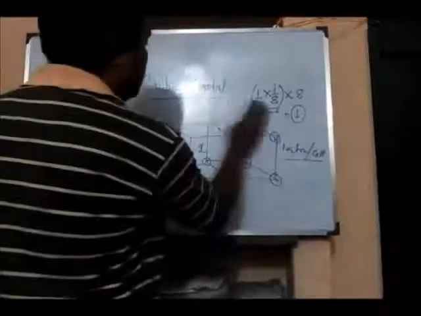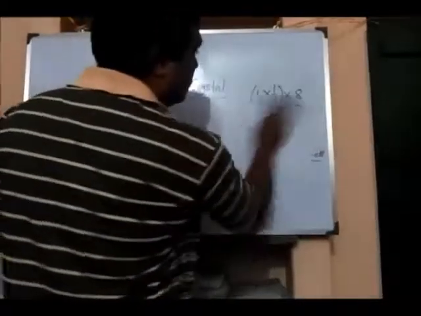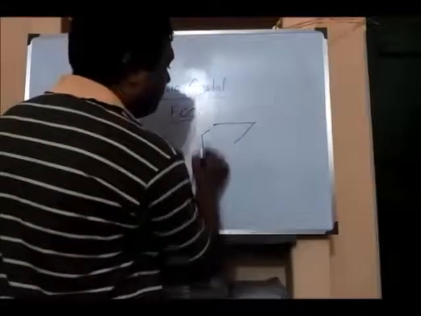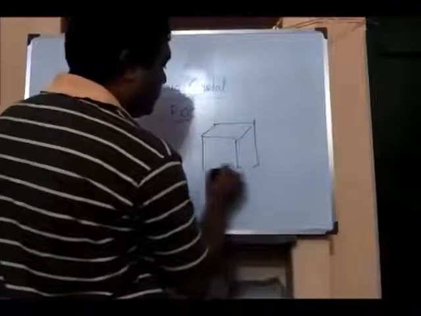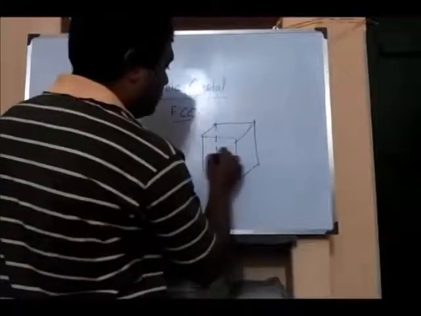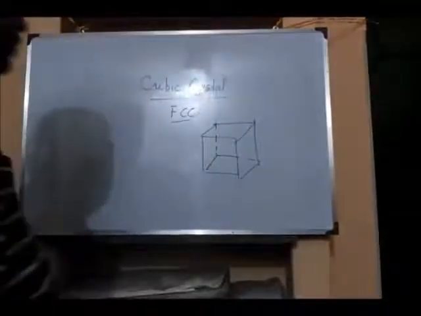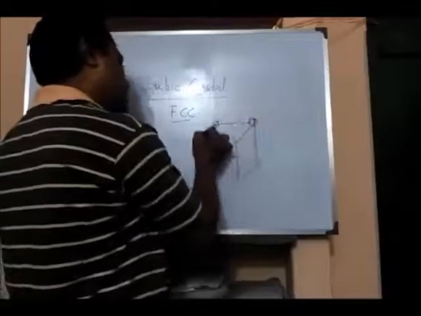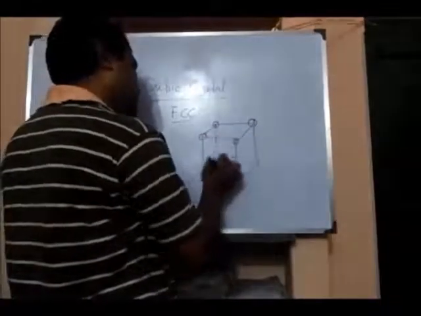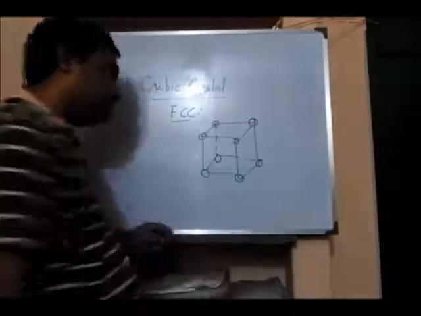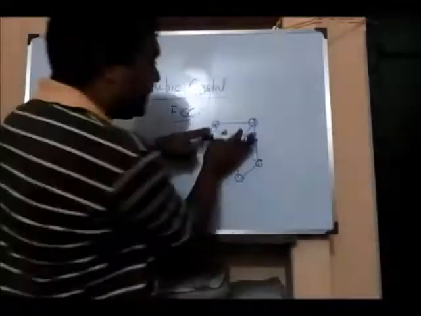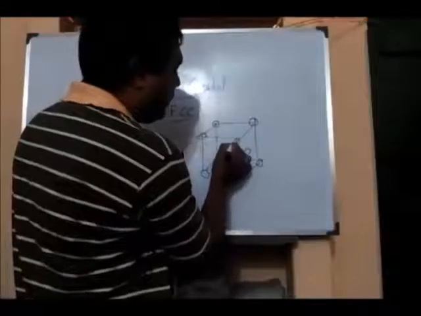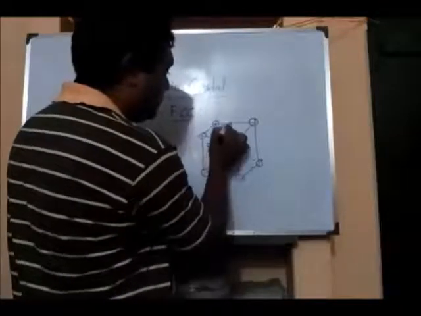Now, if you consider a face-centered cubic crystal, there is a cubic structure, right? Now, there exist 8 atoms in the 8 corners, and each of these faces has a single atom.